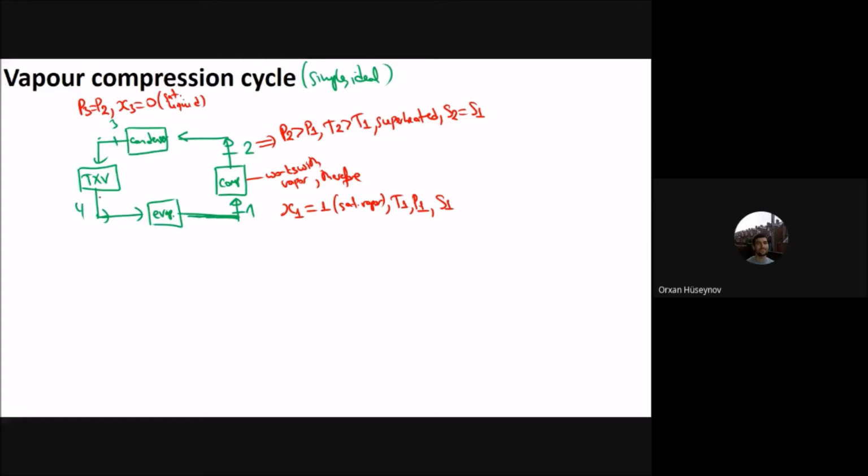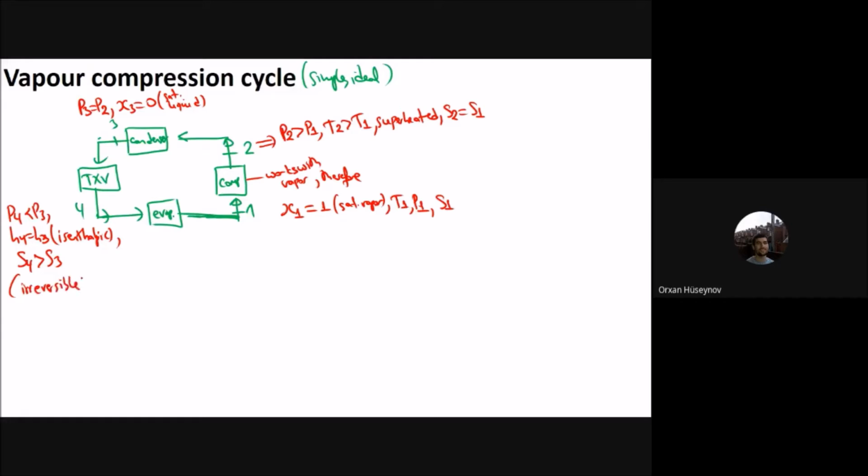And then comes the thermal expansion valve. For the thermal expansion valve, we have P4 less than P3, and H4 is the same as H3. This is not an isentropic device, from thermodynamics: H4 is the same as H3, and S4 is greater than S3, so this process is irreversible.